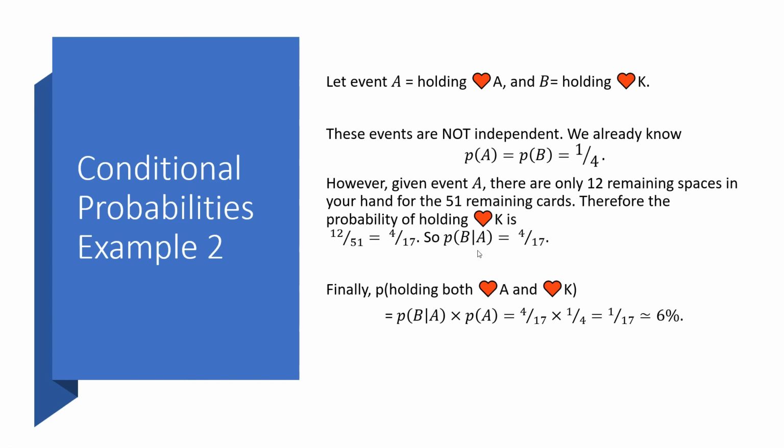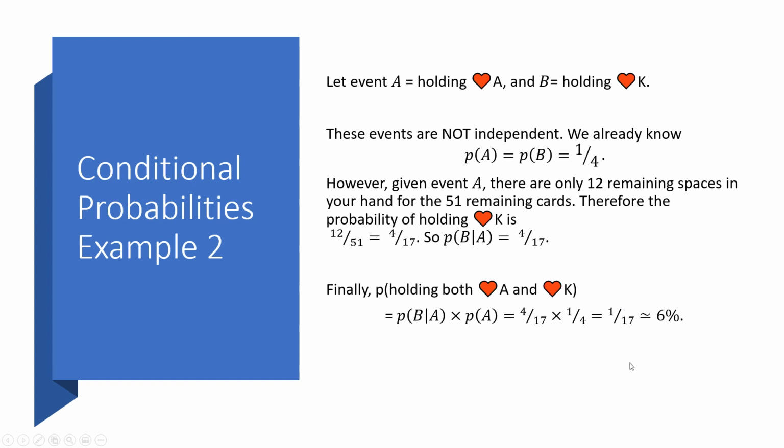So the probability that I've got both the ace and king of hearts: I've got a quarter chance of holding the ace, and 4 in 17 of holding the king, given that I've got the ace. And I've got to multiply those together. Well, the 4s nicely cancel. I get 1 in 17, or roughly 6%.